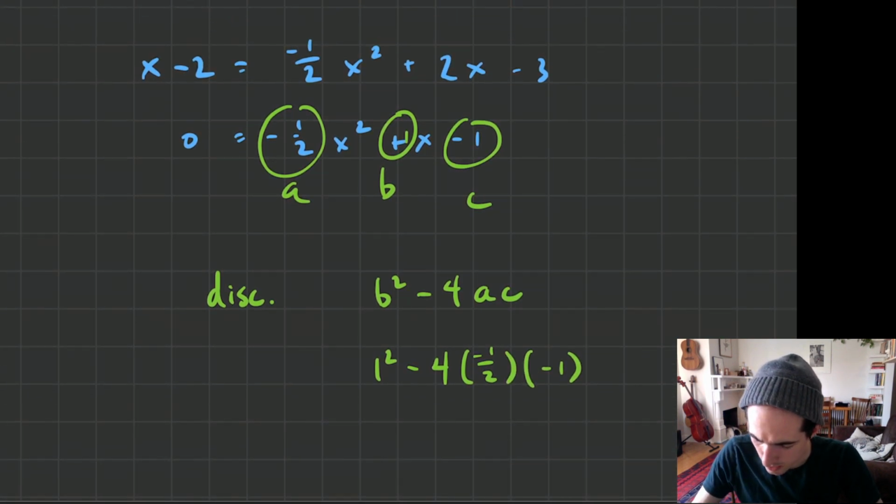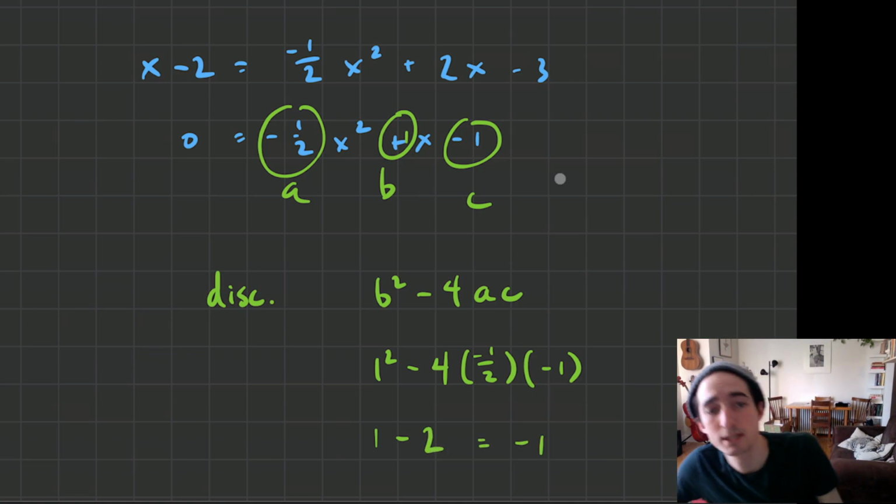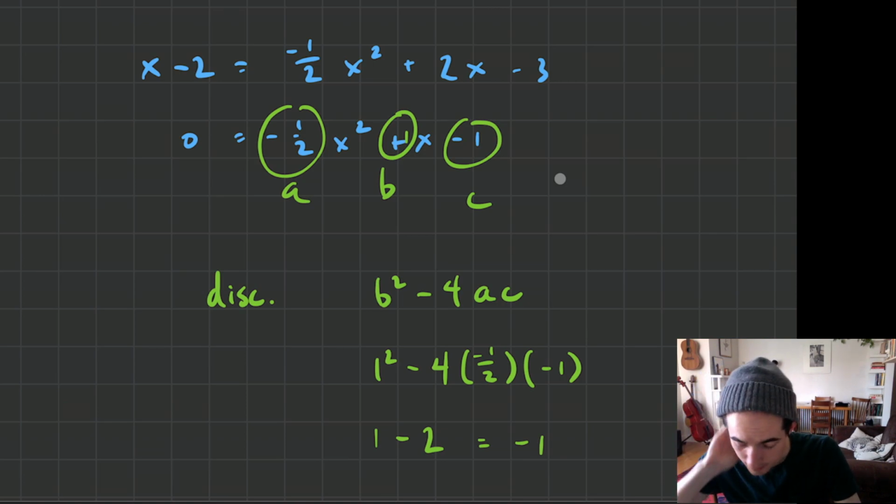This gives me 1 minus 4 times a positive 1/2, which is 2, so this is equal to negative 1. The discriminant is negative, and a negative discriminant means that there are no solutions. So there you have it. No solutions to this equation.